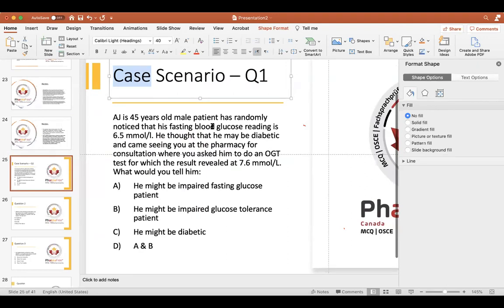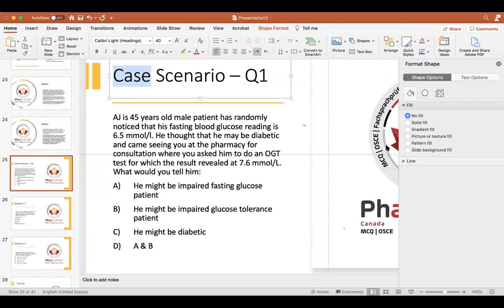He thought that he may be diabetic and came to see you at the pharmacy for consultation, where you asked him to do an OGTT, oral glucose tolerance test, for which the result revealed 7.6 millimole per liter. What would you tell him? A: He might be an impaired fasting glucose patient. B: He might be an impaired glucose tolerant patient. C: He might be diabetic. D: A and B.